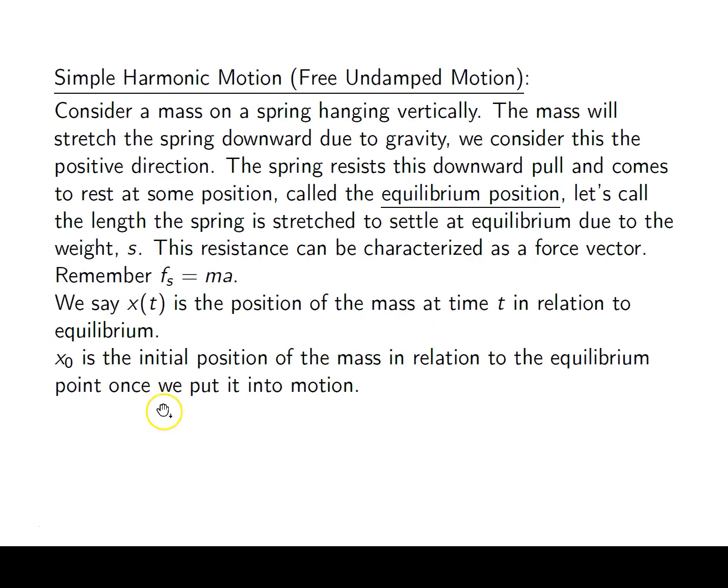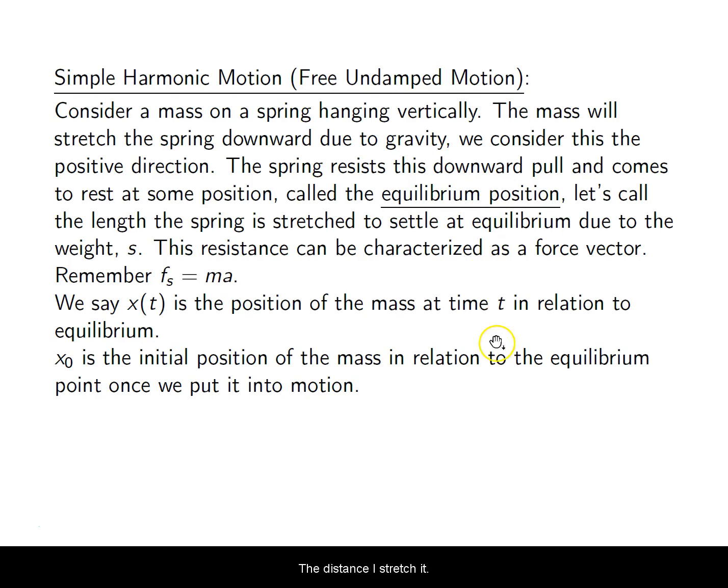X naught is not the position of the mass in equilibrium. It is the position of the mass once we put it into motion. Okay, so if our equilibrium is here and I stretch it down to here before I let it go, this distance from, this is what I would call 0, right?